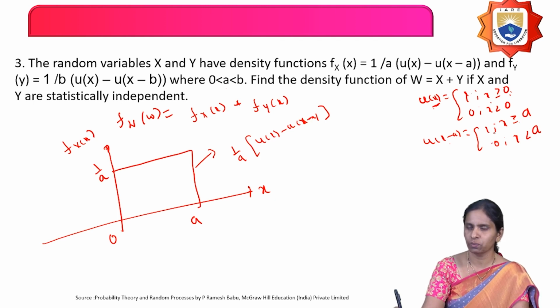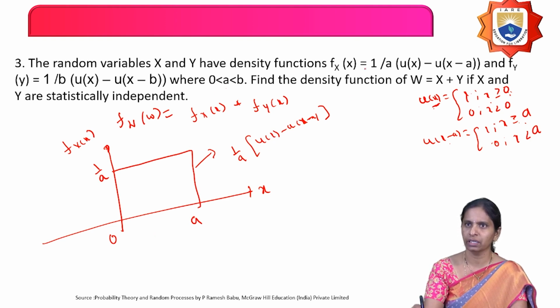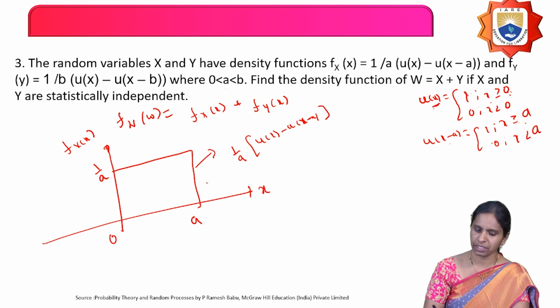When you subtract these two, for what values of x are you getting 1? When x is from 0 to a, you are getting 1, and for other values, you are getting 0. So when x is from 0 to a, it is 1 into 1 by a, nothing but 1 by a. So this is f_X of x.